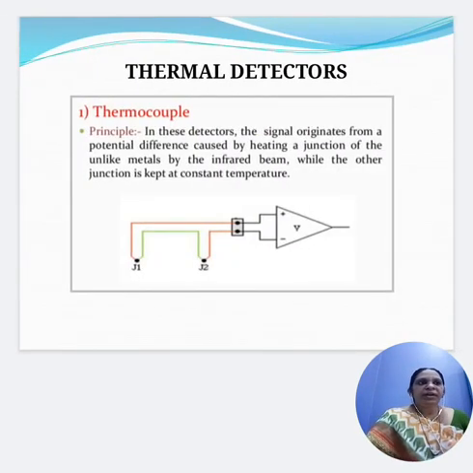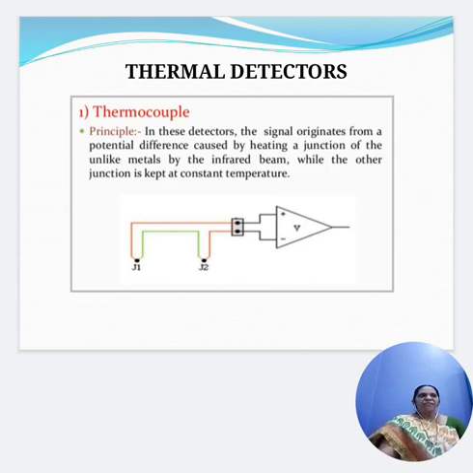Then when we come to the case of thermal detectors, the examples are thermocouples. Thermocouples work on the principle, as you already know, of a pair of junctions formed when two or more dissimilar metals like bismuth and antimony are fused together at their ends.